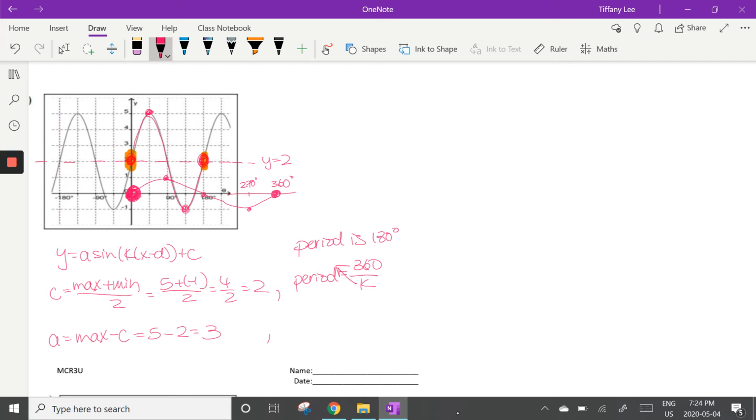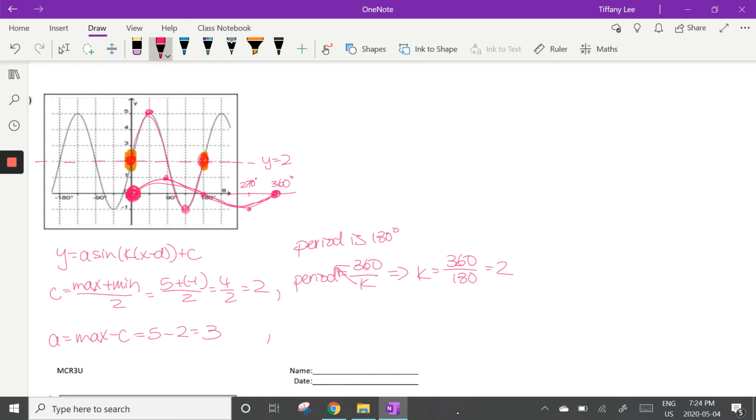So let's isolate and solve for k. k equals 360 divided by my period, which is 180. That's 2. Even if we compare to our original graph, you can clearly see that this graph has been compressed by half horizontally.